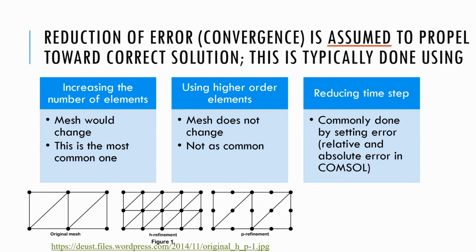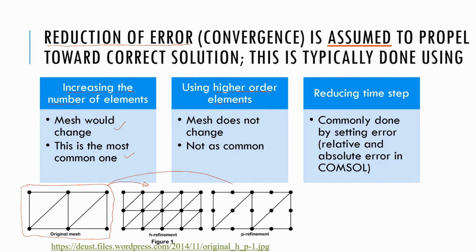So just to pull everything together, there are 3 ways to reduce error. We can increase the number of elements. So suppose this is my original mesh. We can increase the number of elements, so the mesh would change, and this is the most common one, and this is how we can reduce the error of computation. The other choice is using higher order elements.